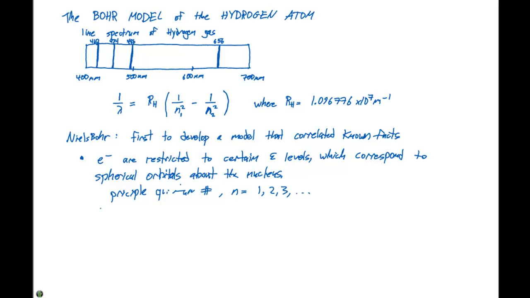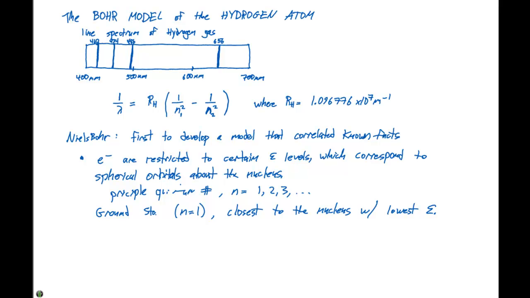There's something called the ground state, which has n equal to 1, and that's going to be closest to the nucleus with lowest energy.